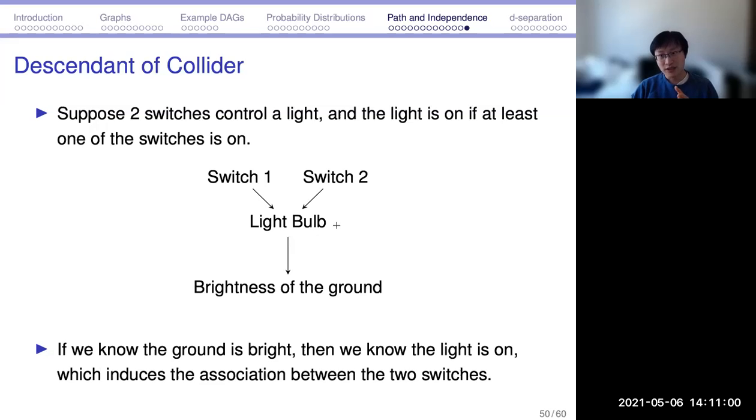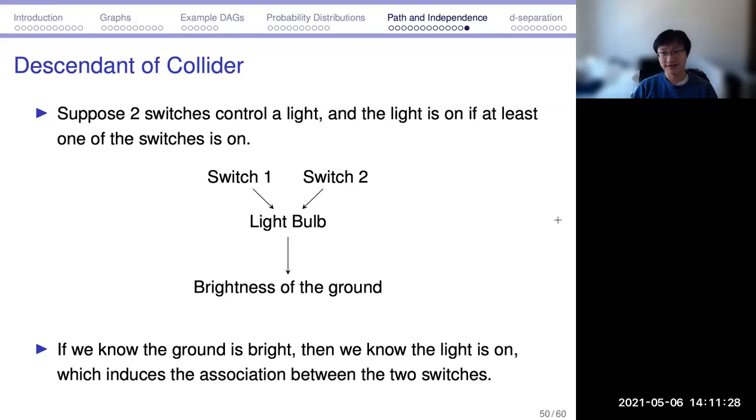And therefore, we still have information about the collider, which again induces correlation between the two parents. So this is the special case that can be unintuitive: when you don't condition on the collider, the parents are independent, but when you're conditioning on that, the parents are no longer independent.